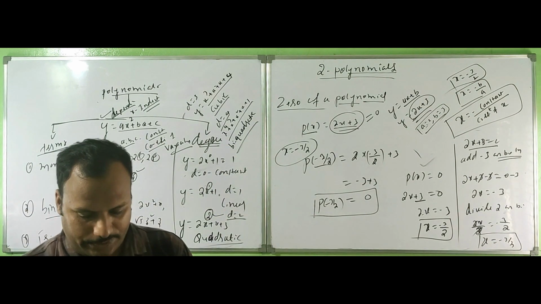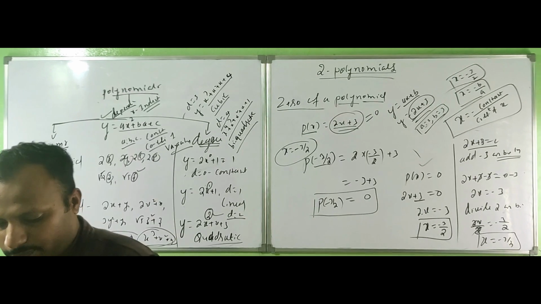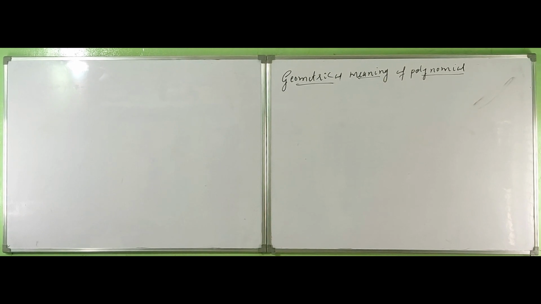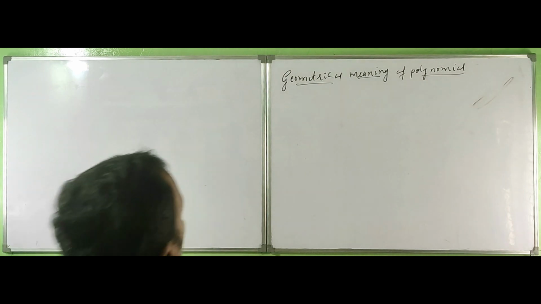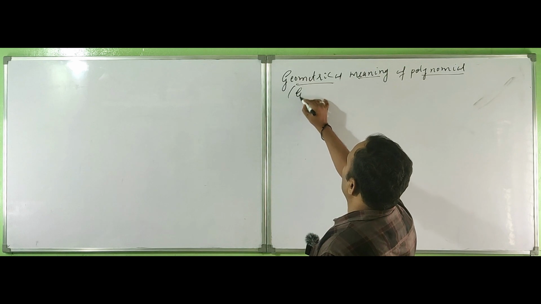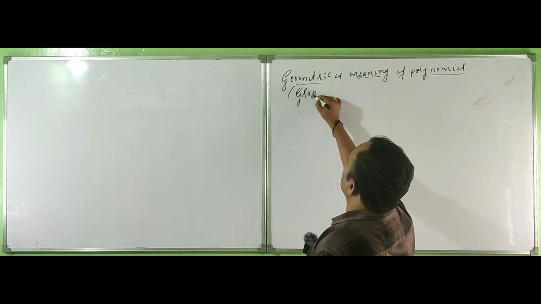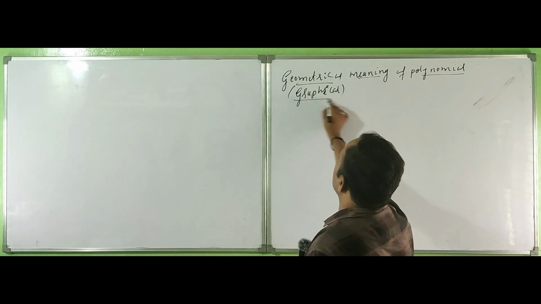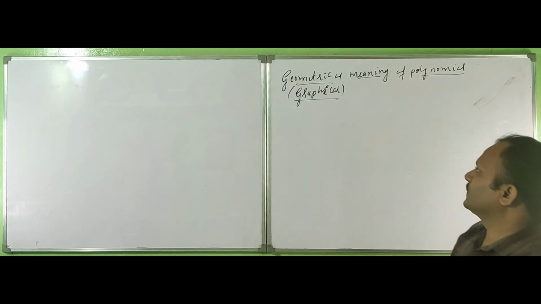The geometrical meaning of a polynomial is graphical: how the graph shows the equation.